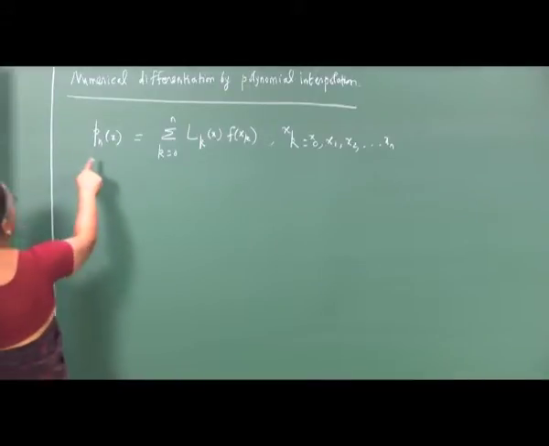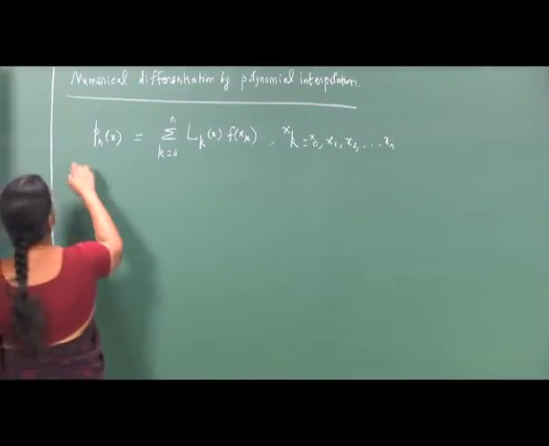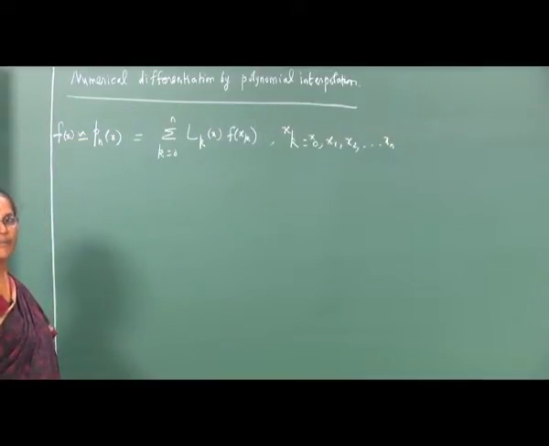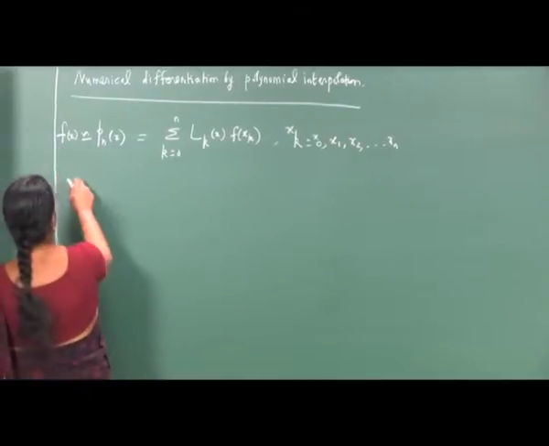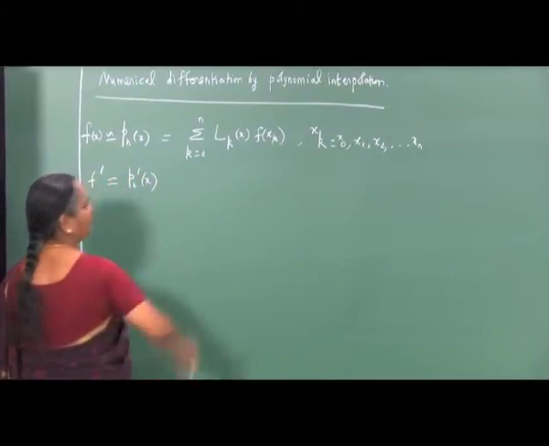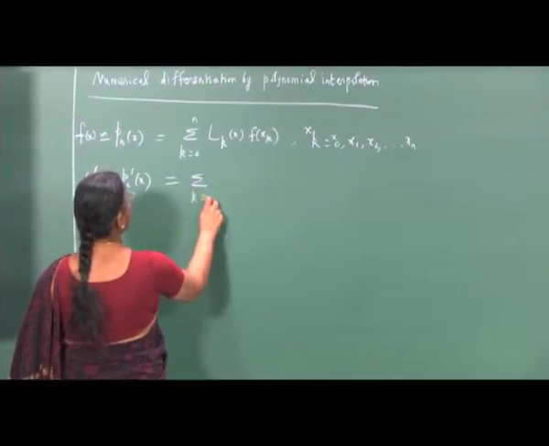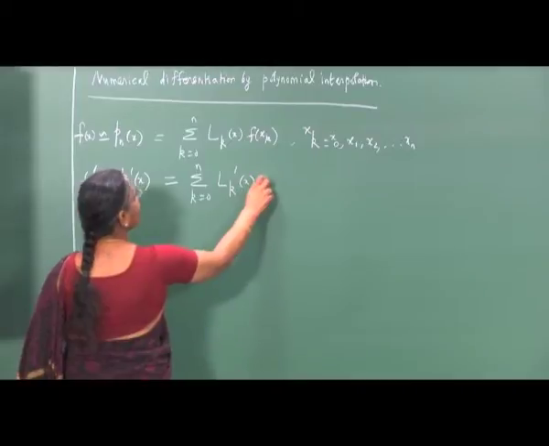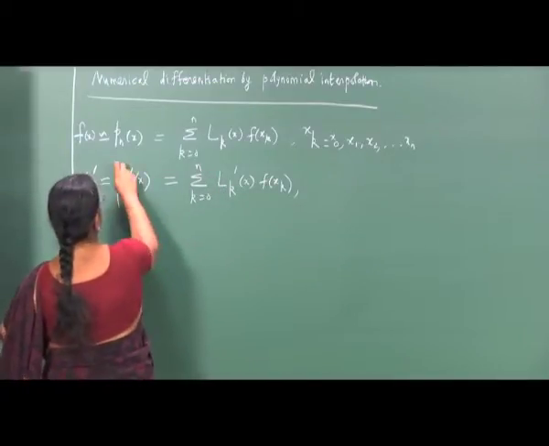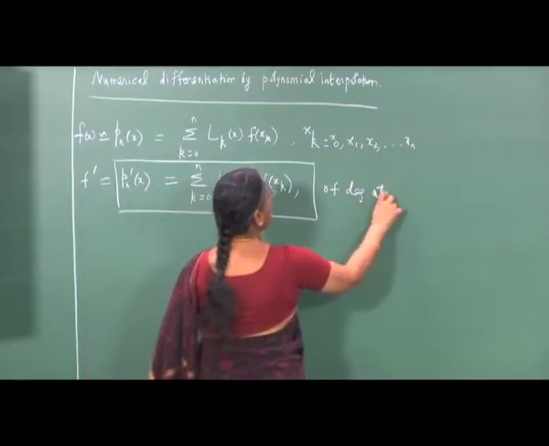So, from the Lagrange interpolation polynomial that approximates the function, one can obtain an approximation for the derivative f dashed, and it is defined by the derivative of the interpolation polynomial, that is, by sigma k equal to 0 to n Lk dashed of x into f of xk, and this polynomial Pn dashed of x is of degree at most n minus 1.